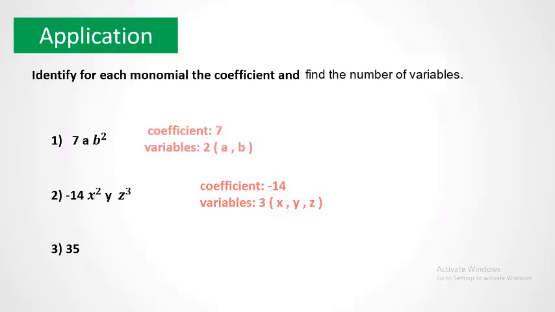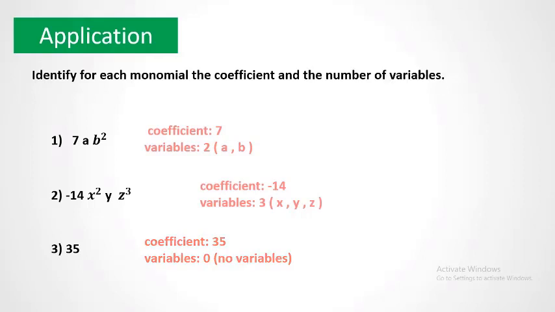What is the coefficient in the third monomial? The coefficient is the numerical part, which is 35. Do we have variables here? No. So the coefficient is 35 and the number of variables is 0.